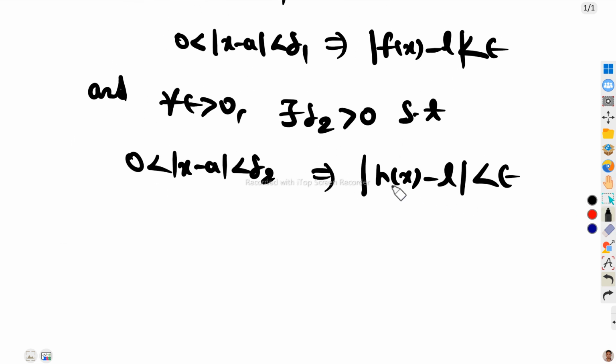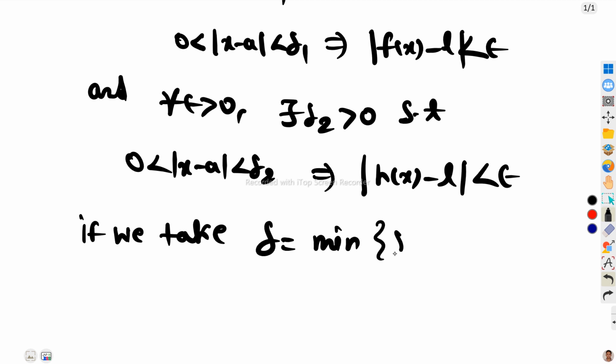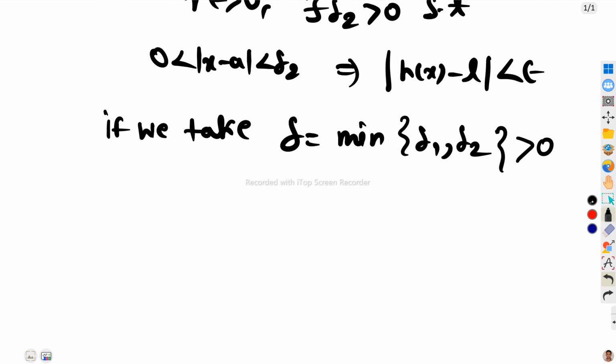Again, if we take delta equal to the minimum of delta 1 and delta 2, greater than 0, then x satisfies both inequalities.